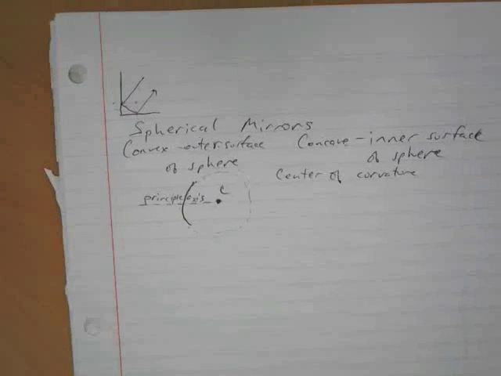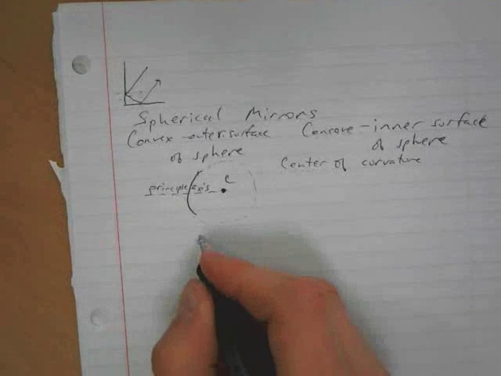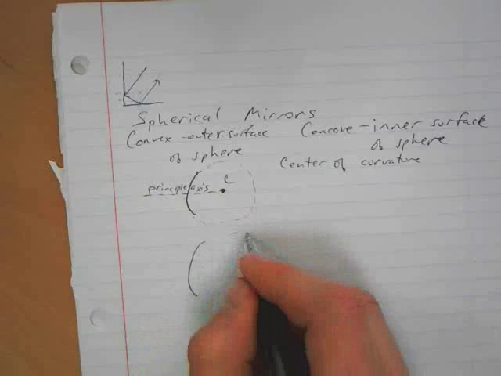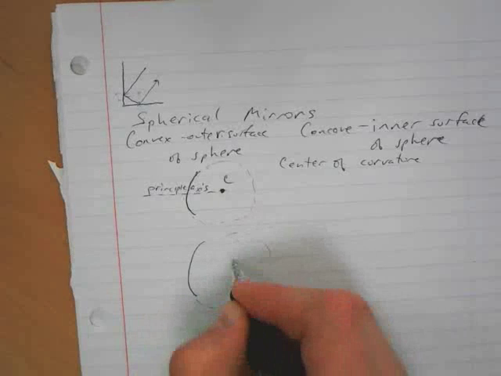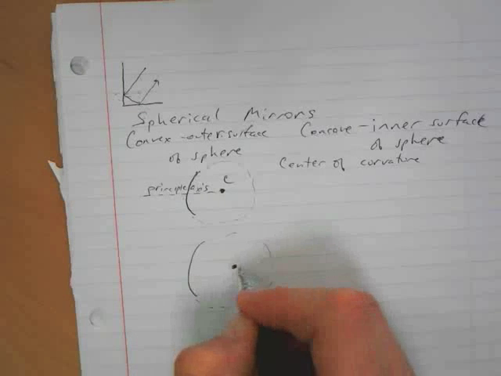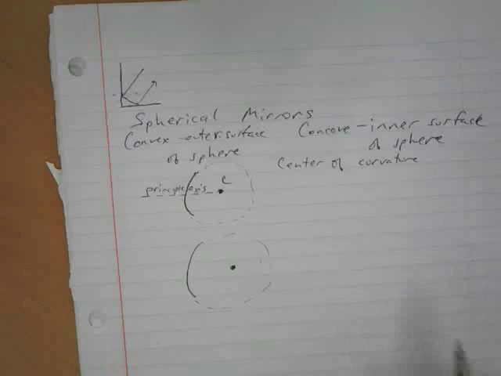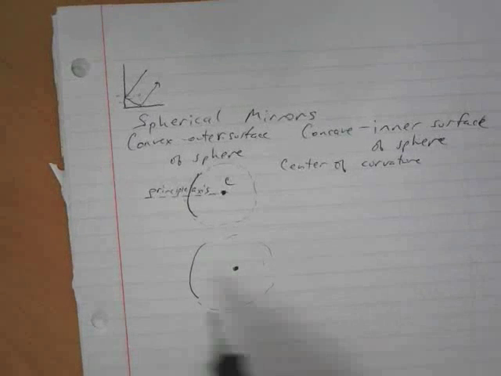Now, for a convex mirror, let me draw this again. All right. Now, let's say this is a convex mirror. So we're looking at the outer surface here.